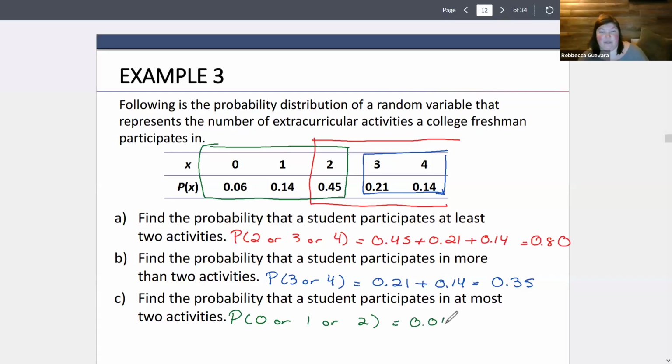So 0.06 plus 0.14 plus 0.45. So we will have 0.65. So there's a 65% chance that a student is going to participate in at most 2 activities.